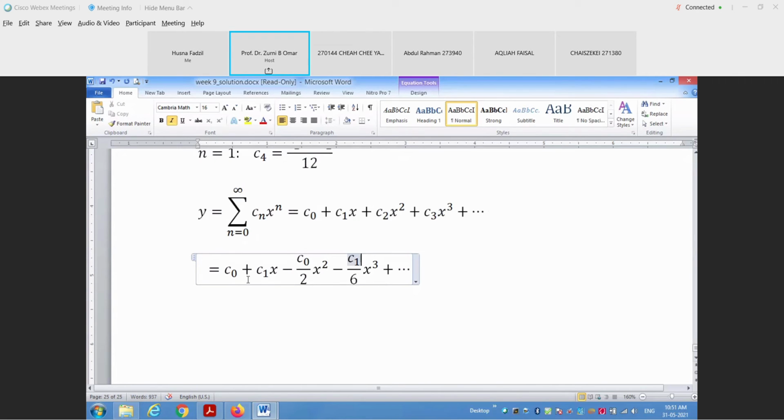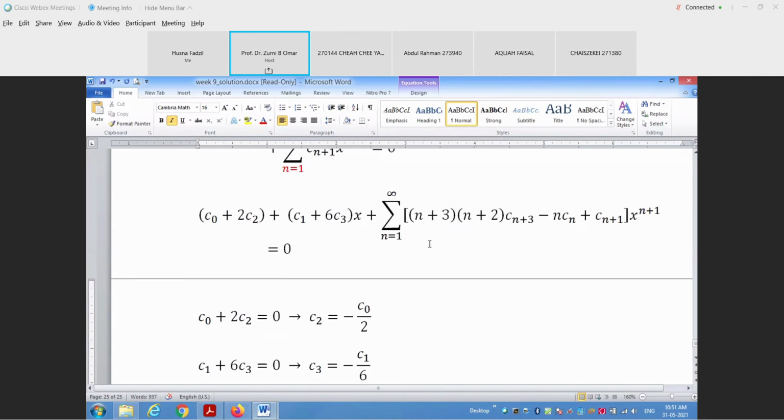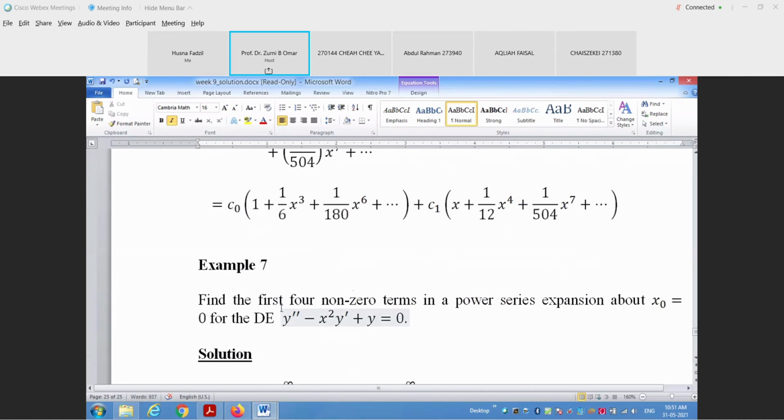For example, if C0 is equal to 0, then it is not counted because it is 0. But you refer to the question: you have to find the first four non-zero terms, so you have to list down all the non-zero terms.